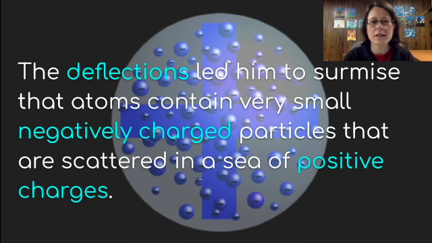And the deflections led him to surmise that atoms contain very small negatively charged particles that are scattered in a sea of positive charges. So that is what that picture in the background is depicting, these negative particles in a sea of positive charge. Sometimes this is called the plum pudding model.